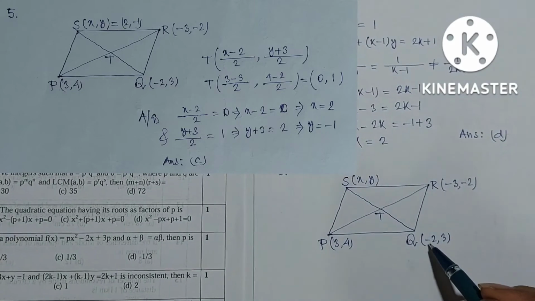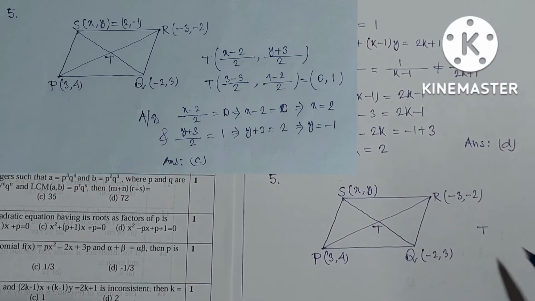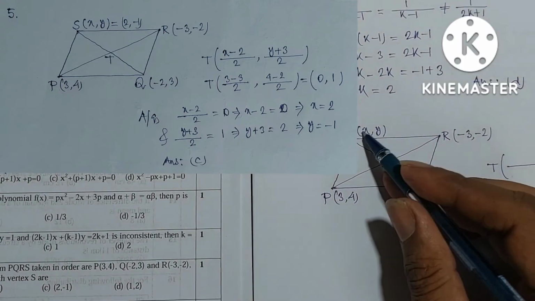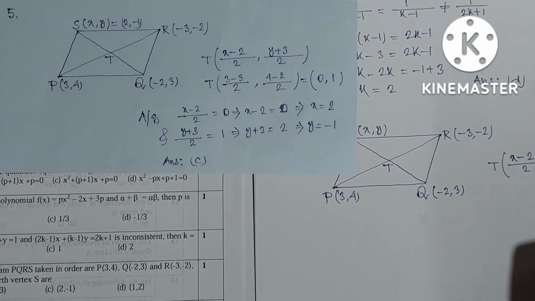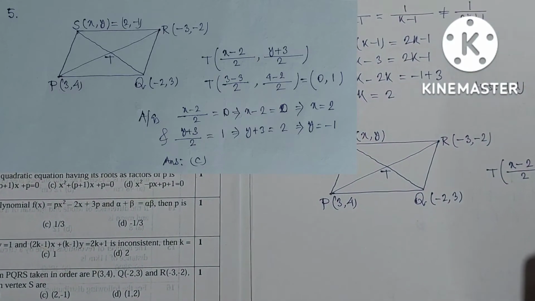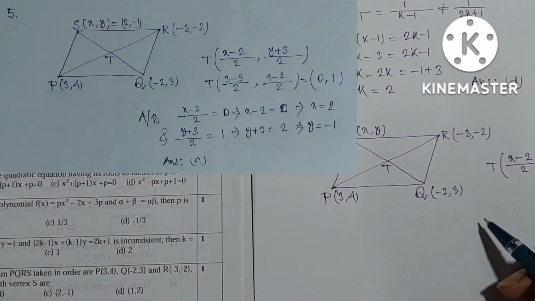So the midpoint of SQ is T, that means ((x1 + x2)/2, (y1 + y2)/2), here ((x − 2)/2, (y + 3)/2).